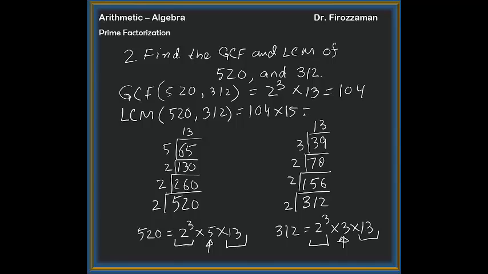And then again multiply 104 with 15. Your answer will be 1560. So you are done with LCM and GCF. Now I am going to question number 3. Still we'll be using the greatest common factor and LCM.